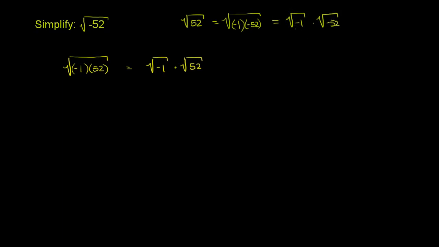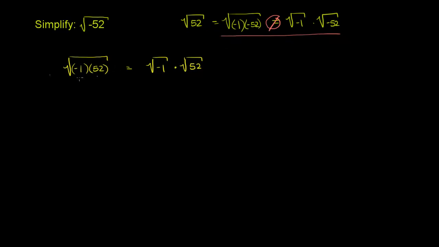In fact, I invite you to continue on this train of reasoning. You're going to get a nonsensical answer. This is not okay. You cannot do this right over here, and the reason is that this property does not work when both of these numbers are negative.